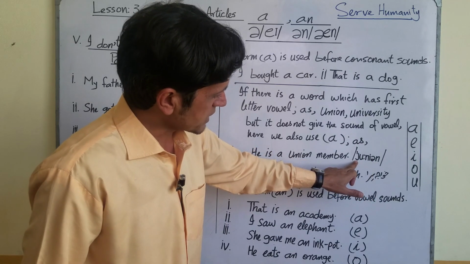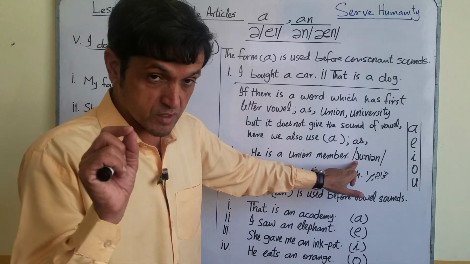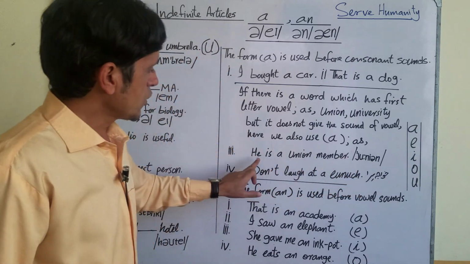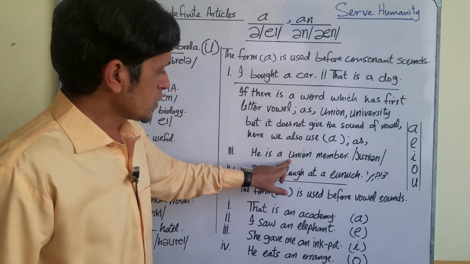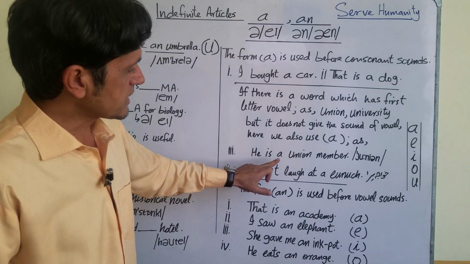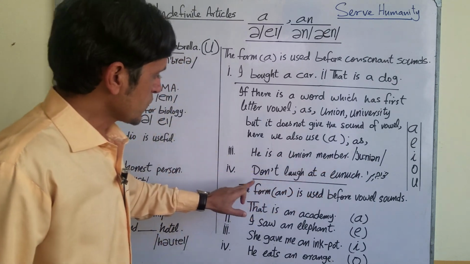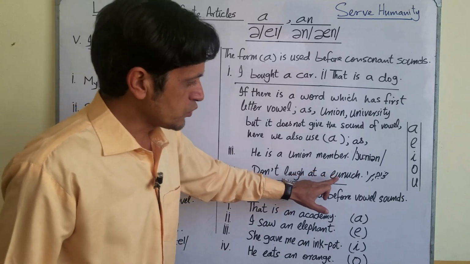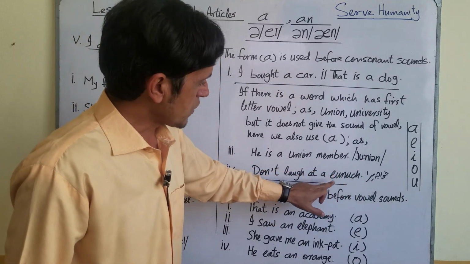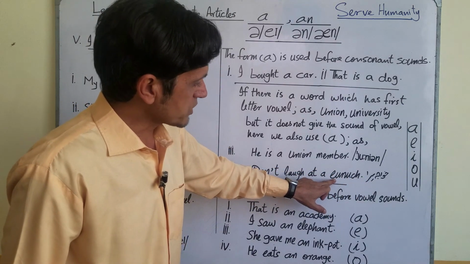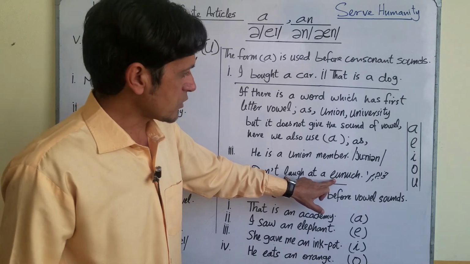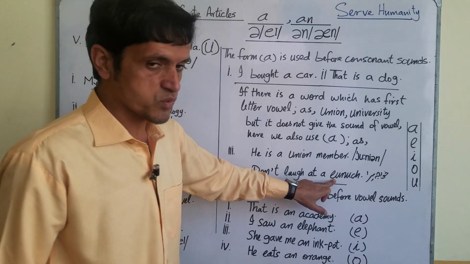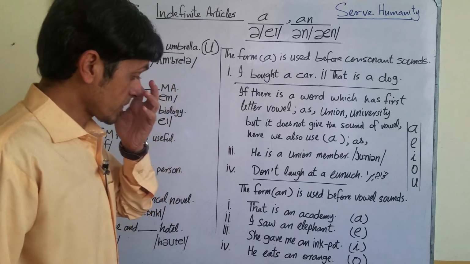So this is not the sound of a vowel. This is the sound of a consonant. That's why we cannot use an here. So we will say he is a union member, or don't laugh at a eunuch. Eunuch also does not give the sound of a vowel. That's why we write a here.